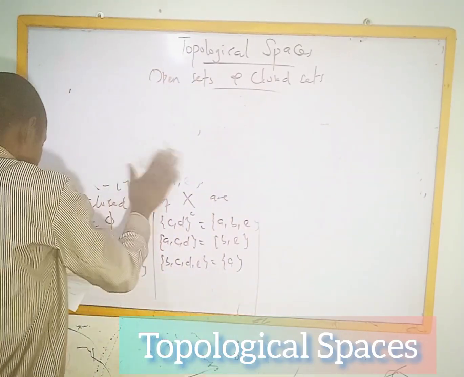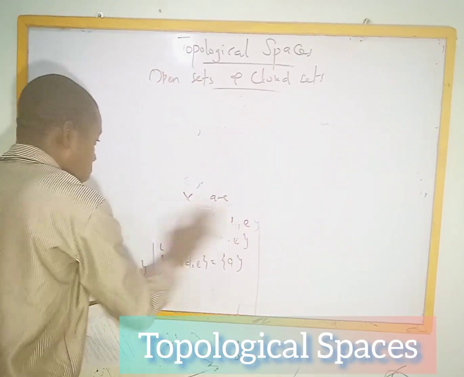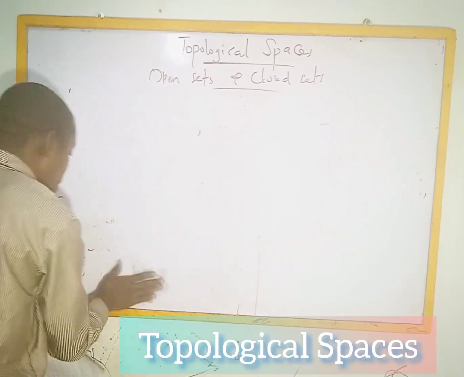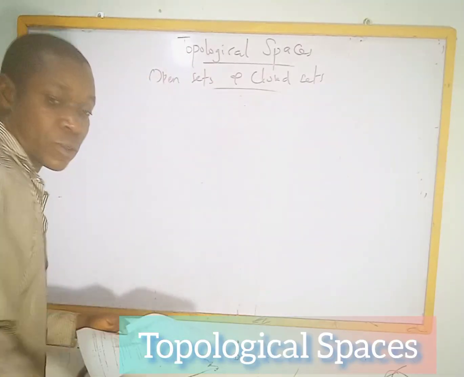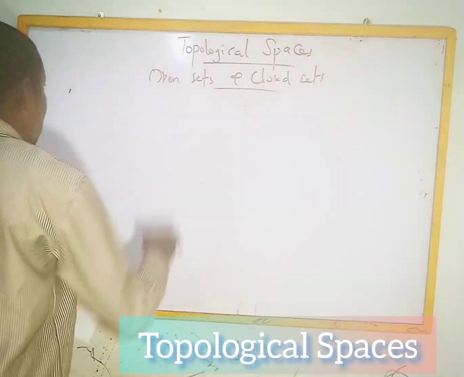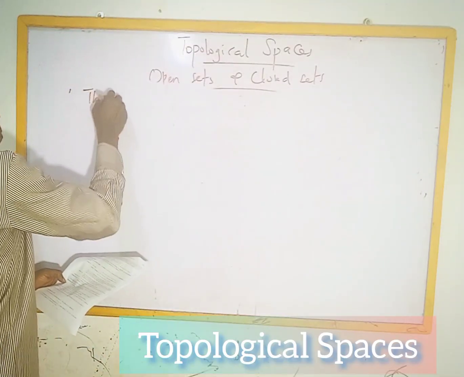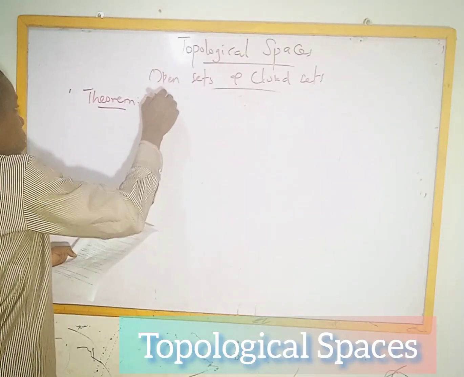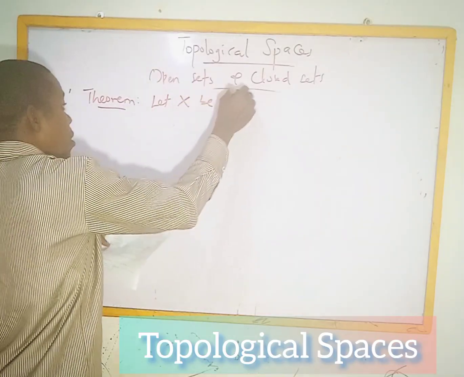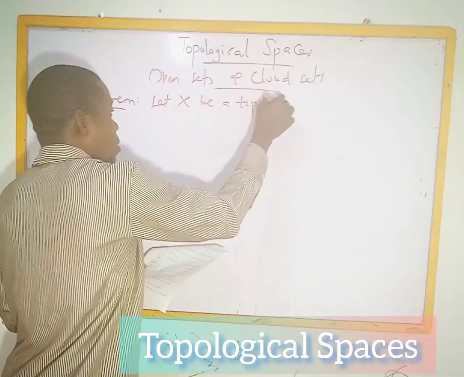How do we do that? It comes with a theorem. Theorem 1 says: let X be a topological space.